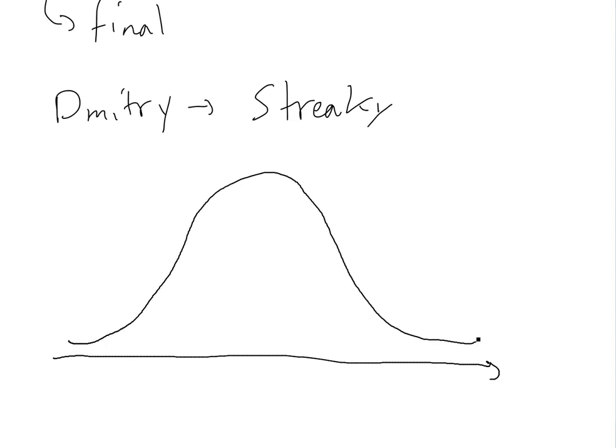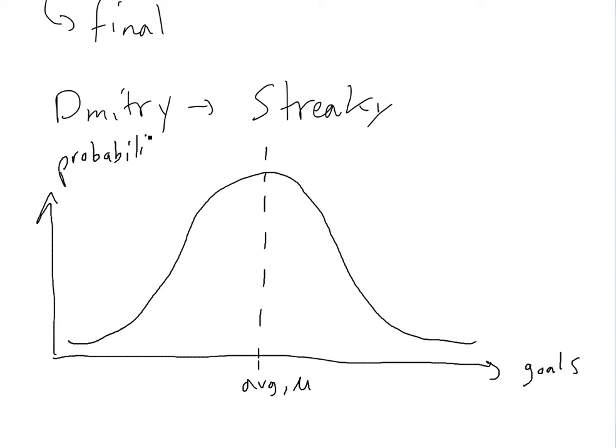So if you have something like this, and this would be goals, and this is the average, usually given as mu, and the y-axis is just probability. And this here is one standard deviation, which is usually given as sigma.